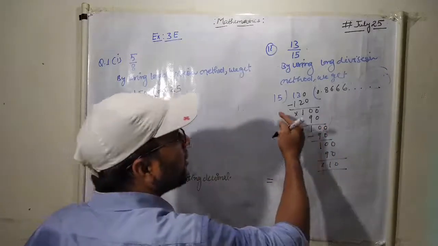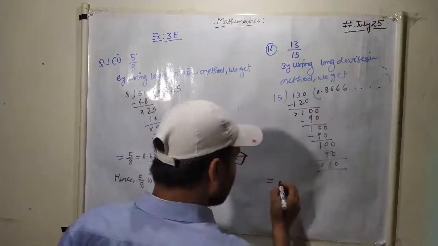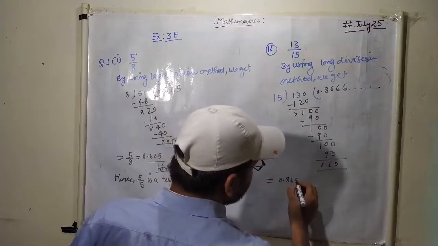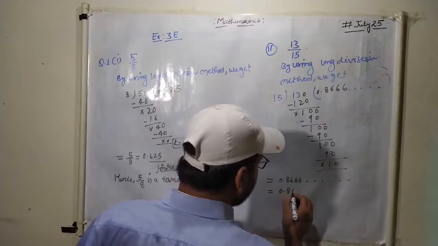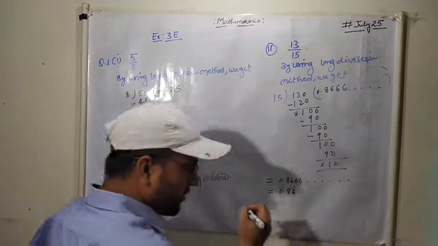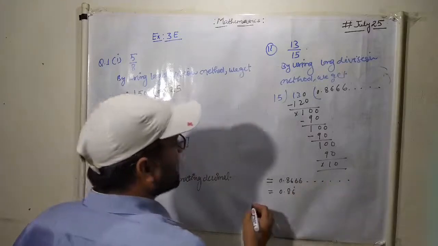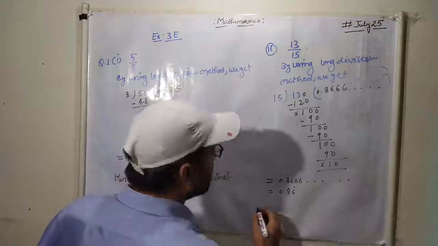It is a non-terminating but recurring decimal number, 0.866 and so on, or you write it as 0.86 with a dot or a bar, which means it is a non-terminating recurring decimal.